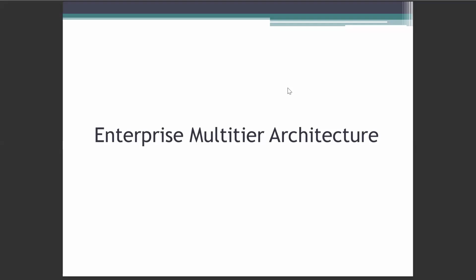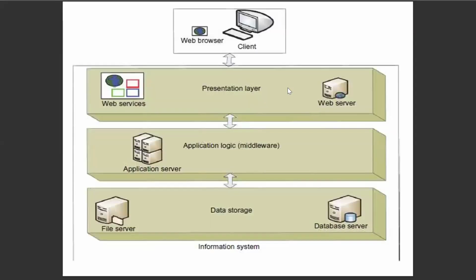First, what is an enterprise? Although you know that multi-tier architecture means we have divided our work into multiple parts. So this multi-tier architecture has applications which are called enterprise applications.